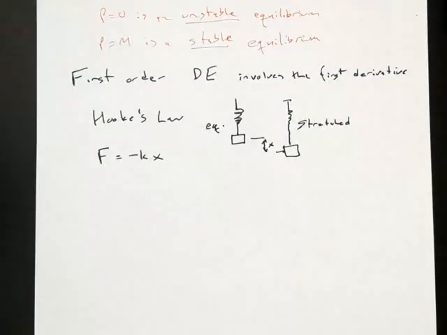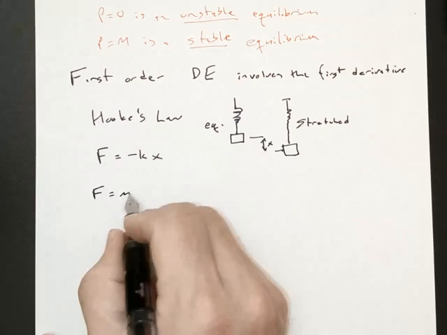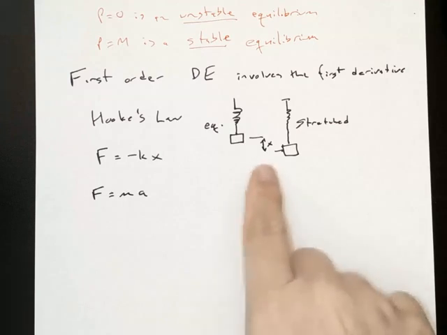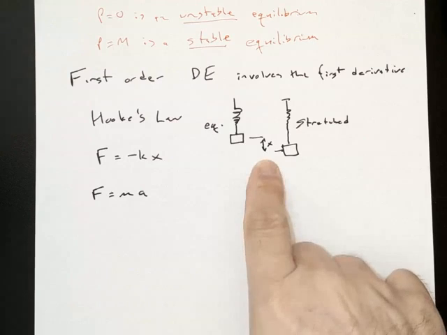But Newton tells me about force. What's Newton's second law? There are three of them. What's the middle one? Force equals mass times acceleration. But I remember last semester, we thought of acceleration as change in velocity, and velocity as change in position, change in displacement.